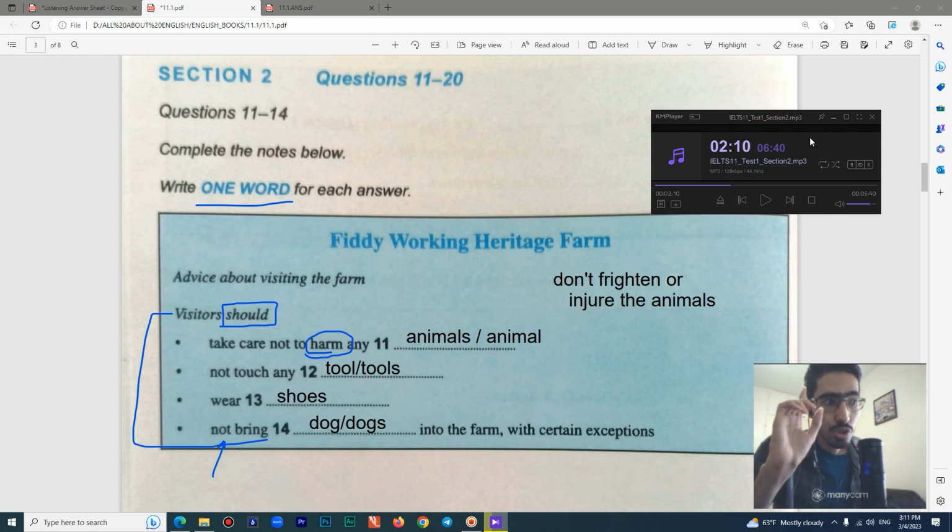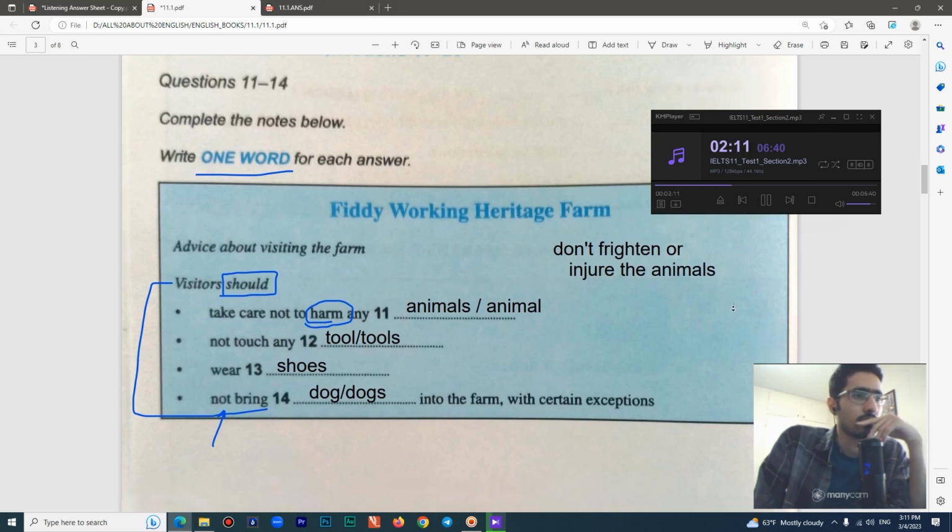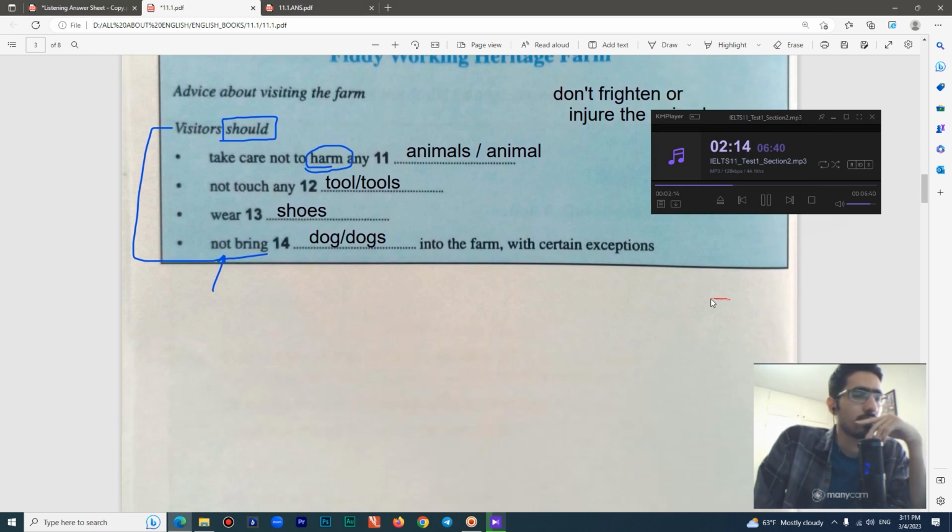So you shouldn't bring dogs inside, with some exception: if your dog is a guide dog, okay, you can take it in. I'm sure you'll understand that they could cause a lot of problems on a farm.